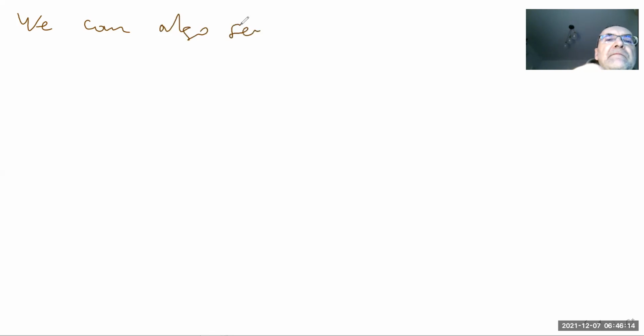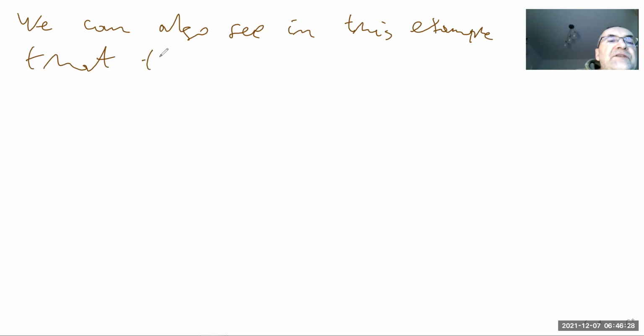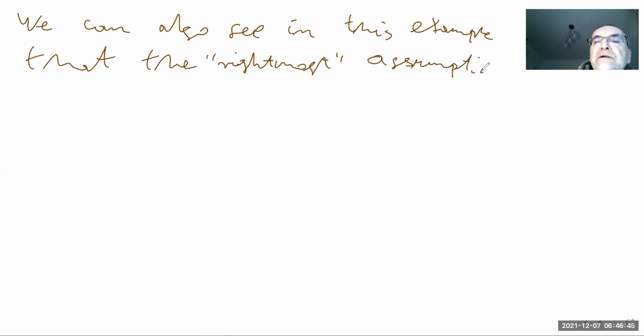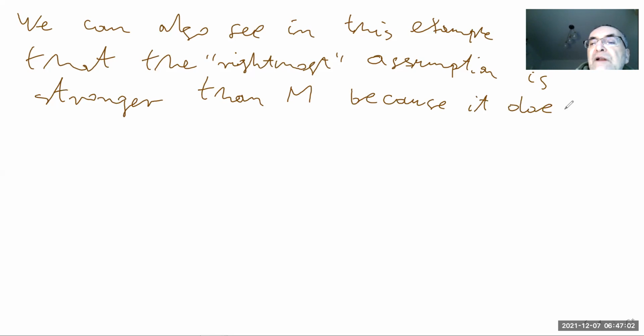So another comment for this example is that we can also see on this example that the rightmost assumption, which we started from, is stronger than M, because it doesn't hold in this example, whereas the M assumption does.